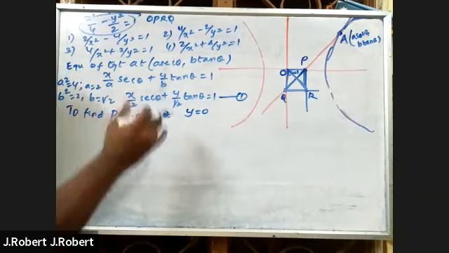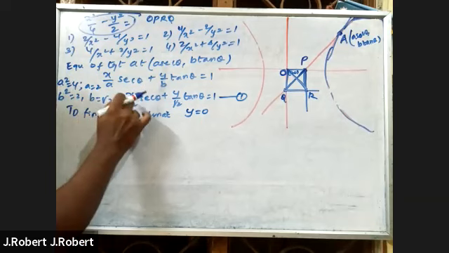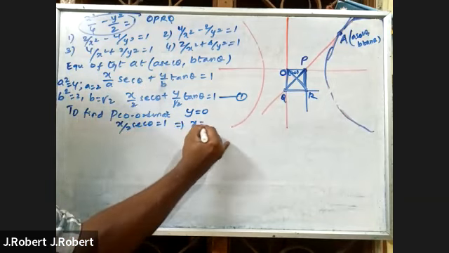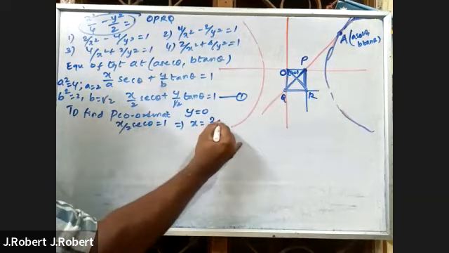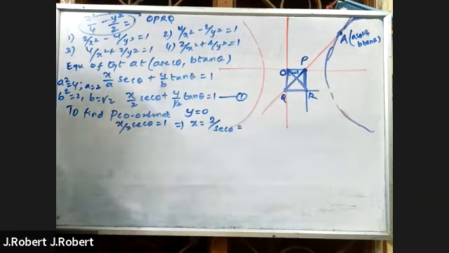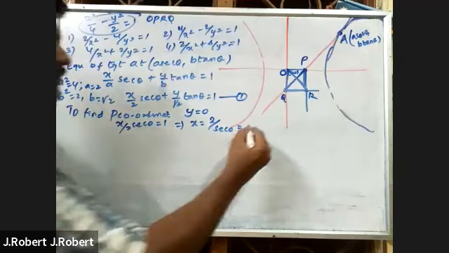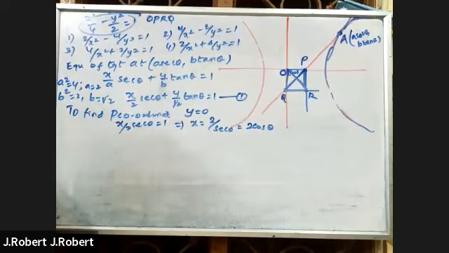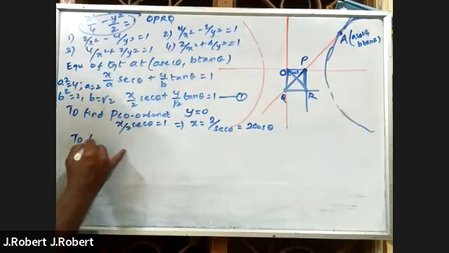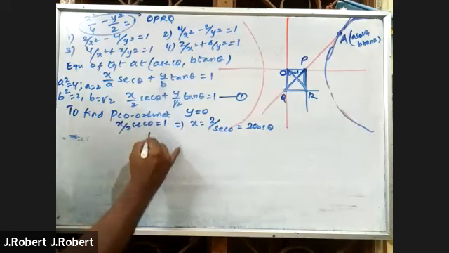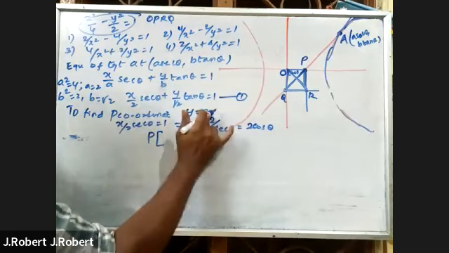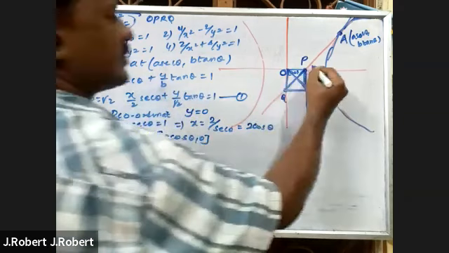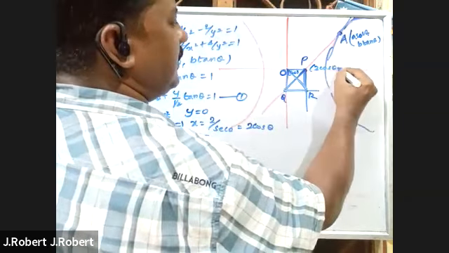If I put y equal to 0, then we can write this as x by 2 secant theta is equal to 1, or x is equal to 2 divided by secant theta. 1 by secant theta is cos theta, so x is equal to 2 cos theta. x coordinate கண்டுபிடிச்சாச்சு, y வந்து 0. So I can write this as (2 cos theta, 0). This is the P point, (2 cos theta, 0).